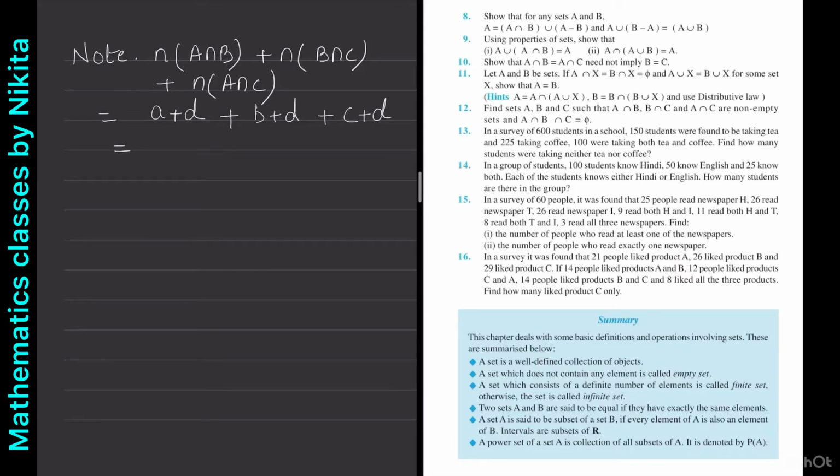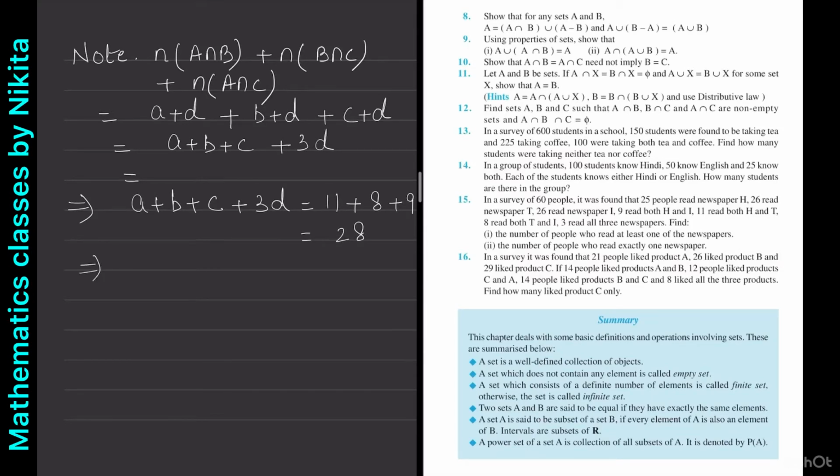So this is equal to A plus B plus C plus 3 times D and the value of this, so that this implies that A plus B plus C plus 3 times D is equal to, the values are given, so I'm just putting the values of n of A intersection B plus n of B intersection C plus n of A intersection C. It is equal to 11 plus 8 plus 9 which is equal to 28.